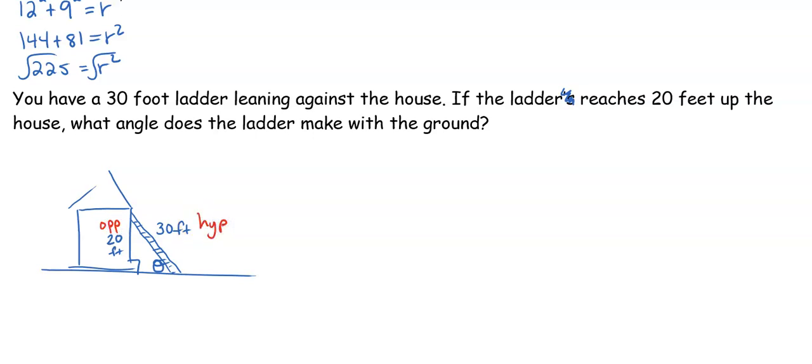I think to myself, which of my trig functions does that match? Sine, cosine, or tangent? Well, sine of theta is the opposite over the hypotenuse, so I'm going to use my sine function here. So we have sine of my unknown angle is the opposite side over the hypotenuse side.